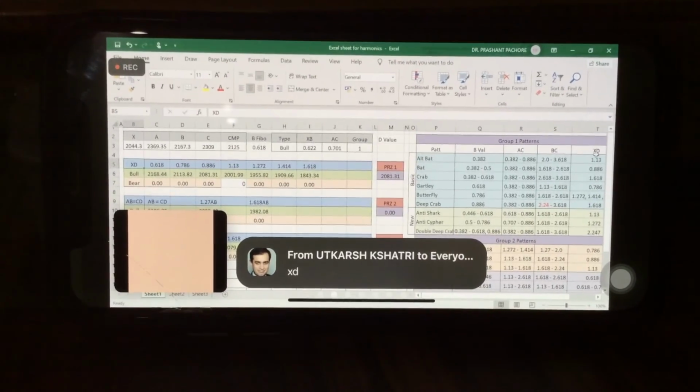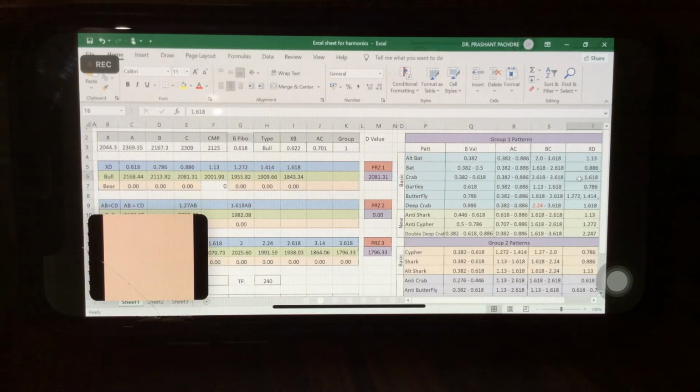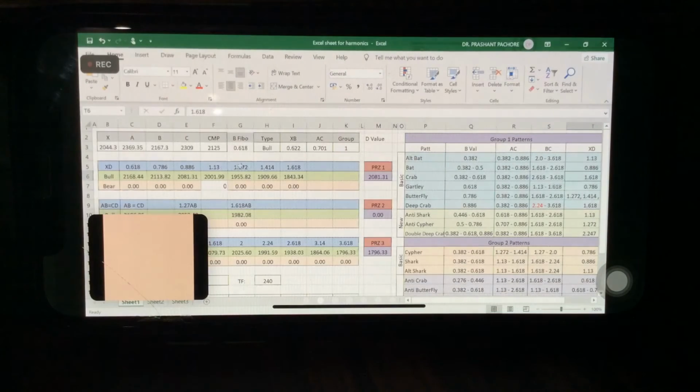XD, right? So this XD level, we have to check at these particular levels. Suppose this is crab, this is 1.618. So XD 0.618, 0.786 up to 1.6. So 1843 is my one PRZ as per XD.